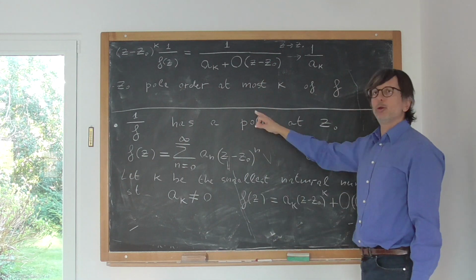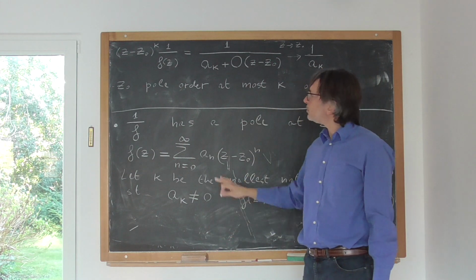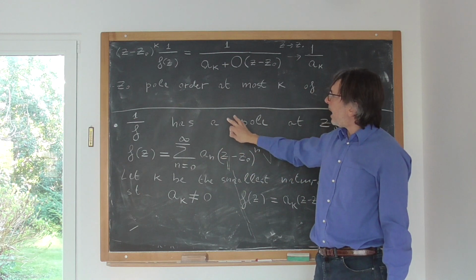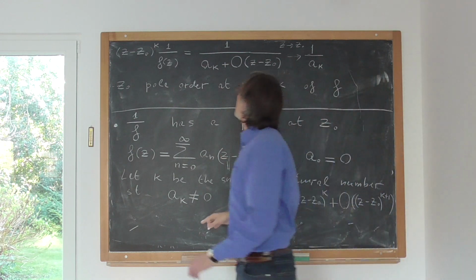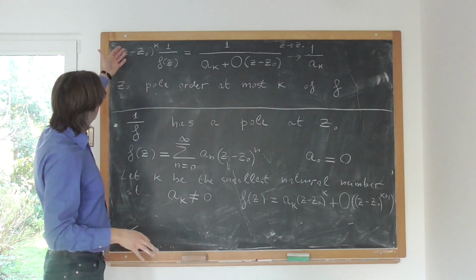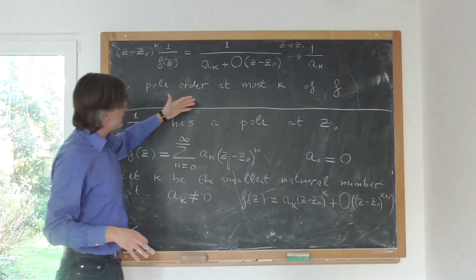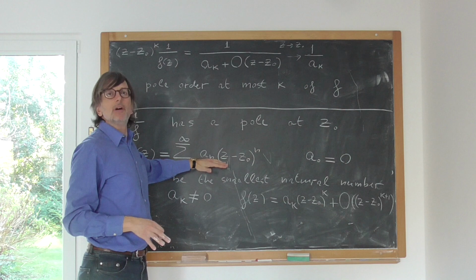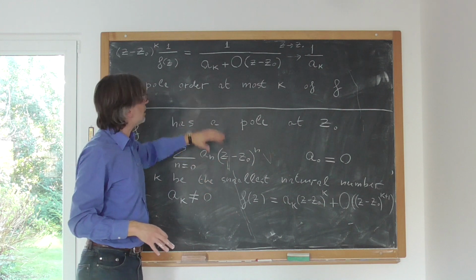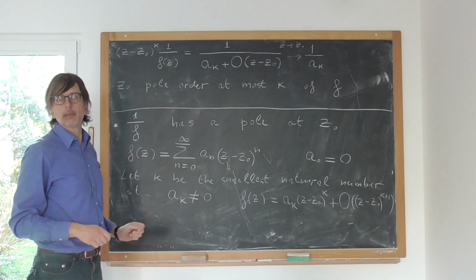Okay? And I leave it as an exercise to try to understand how the order of the pole is related to the number of derivatives of the original function f vanishing at z naught.